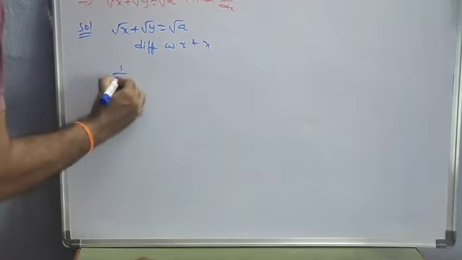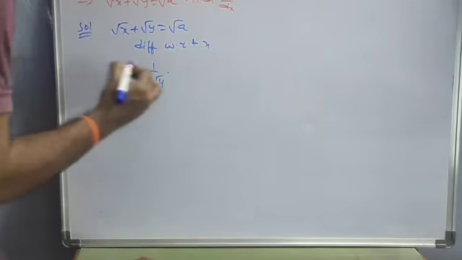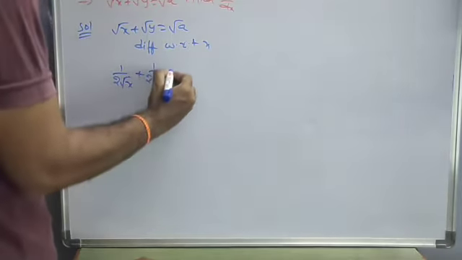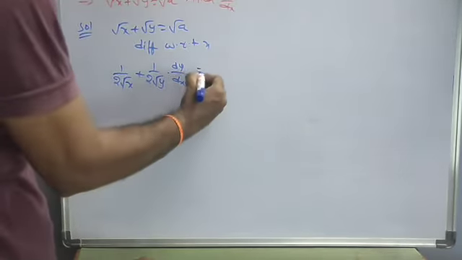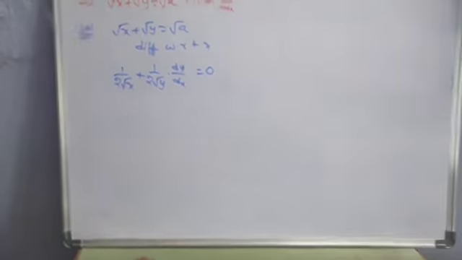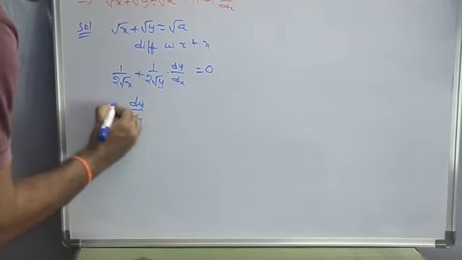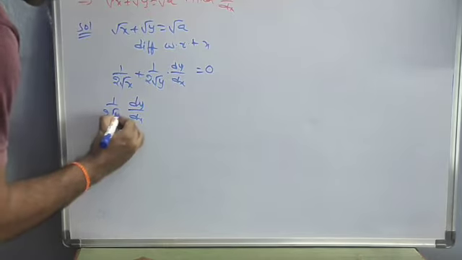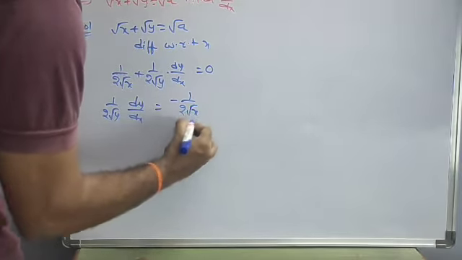The differentiation of root x is 1 by 2 root x, plus 1 by 2 root y into dy by dx. Root a is a constant, so its differentiation value is 0. So 1 by 2 root y into dy by dx equal to minus 1 by 2 root x.